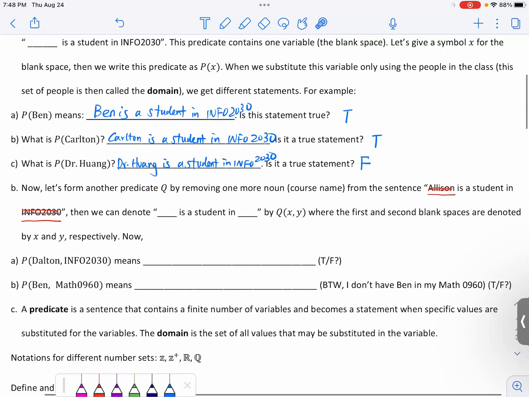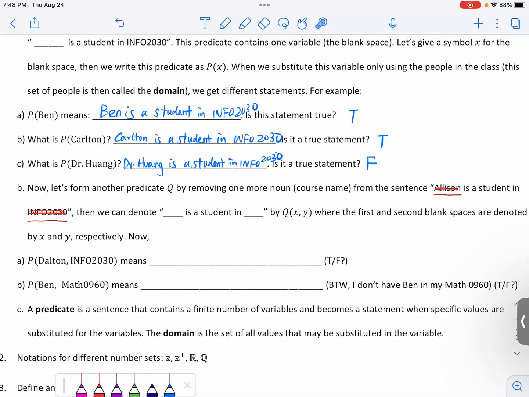Now, oops, a typo here because we introduced the Q. I'm supposed to change this to Q. So now, what is Q of Dalton, comma, info 2030? Now, the value of the first variable, Dalton, should go into the first blank, and info 2030 should go into the second.